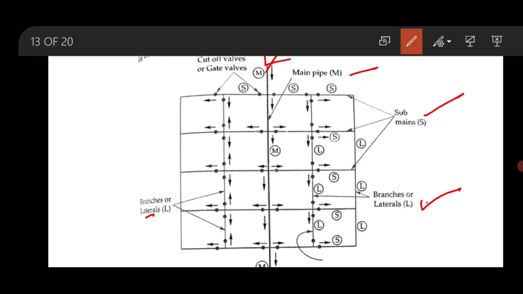So all are interconnected with each other. Next we will discuss the advantages of this system.